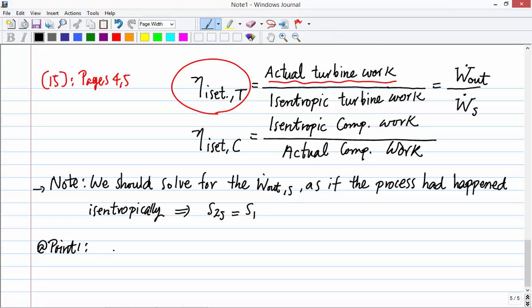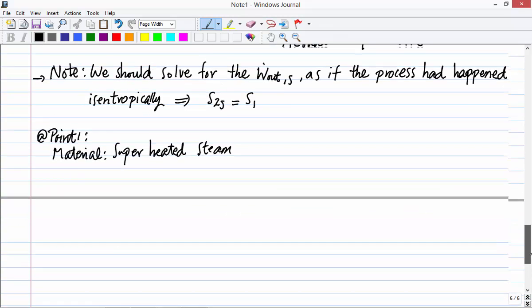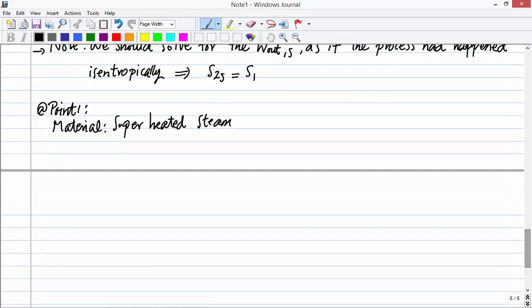So I know that the material is superheated steam, H2O, and therefore S1 would be the average. Table A6 is stable.